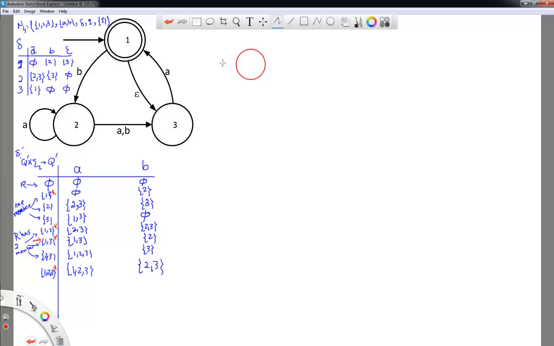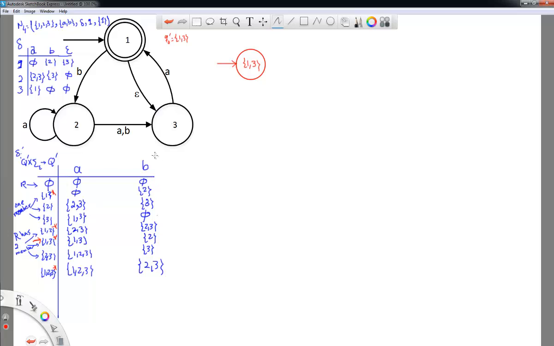I know that the start state of my machine, by looking at the calculations I made, was Q sub 0 prime, the set {1, 3}, the set that contained the start state of my NFA and any other state that could be reached from it by epsilon transitions. So the set {1, 3} is my start state.